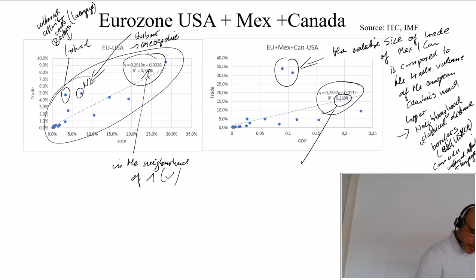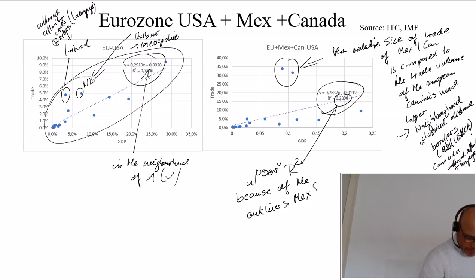So poor R squared because of the outliers Mexico and Canada.